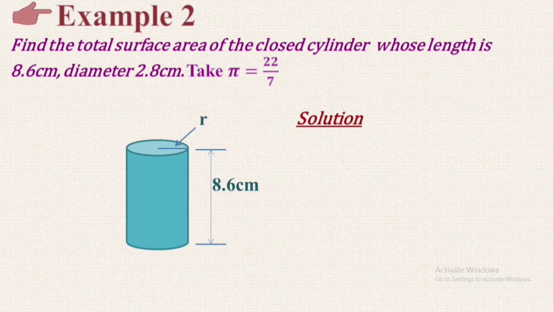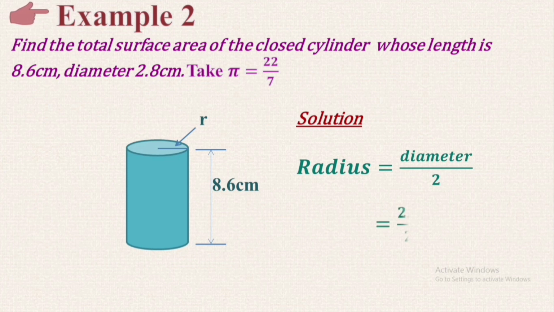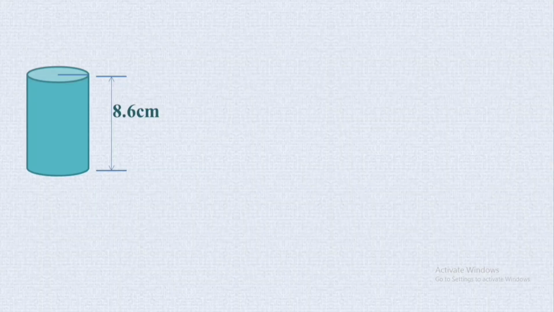Here is the solution. The radius can be gotten by dividing the diameter by 2, so that you have radius is equal to diameter over 2. The diameter is 2.8, hence the radius will be equal to 2.8 divided by 2. 2.8 divided by 2 is 1.4. Therefore, the radius is 1.4 cm.